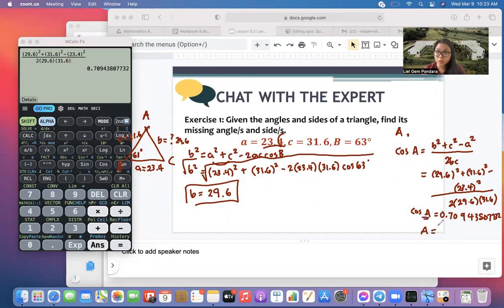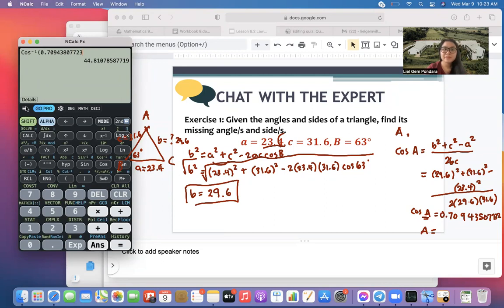So you use the cosine to the negative power. Here, you look at the calculator, what I will do. You press shift cosine, that's cosine to the negative one. And if you want the answer, shift cosine, then you type again the answer, 0.70943807732.